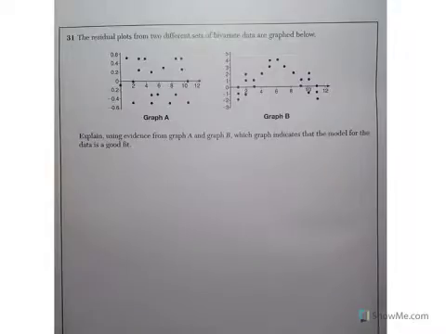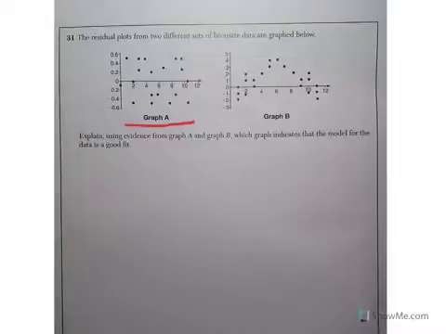Number 31, the residual plots from 2 different sets of bivariate data are graphed below. Remember, bivariate is 2 things of data that are being compared. And explain, using evidence from graph A and graph B, which graph indicates that the model for the data is a good fit. Okay, so with residuals, it's almost like a backwards way of thinking. So because there is no pattern in graph A, it is a better line.